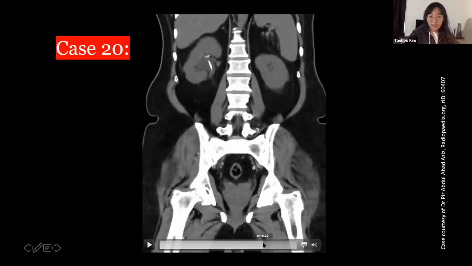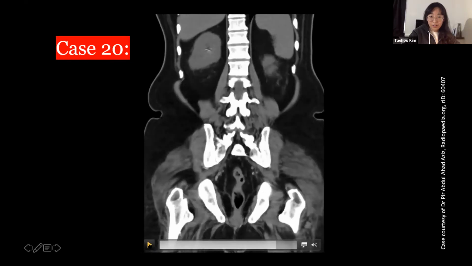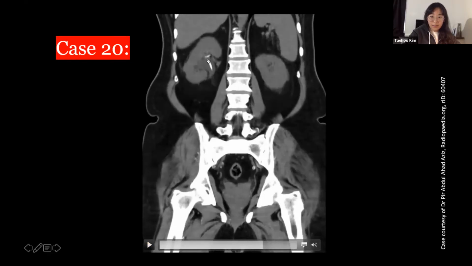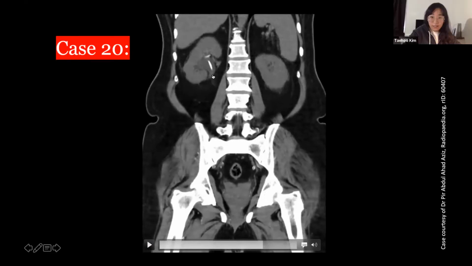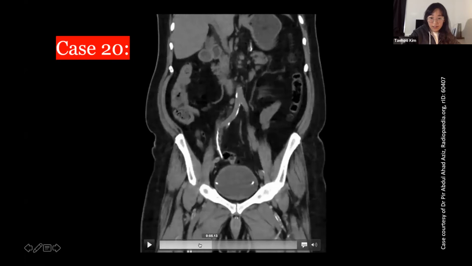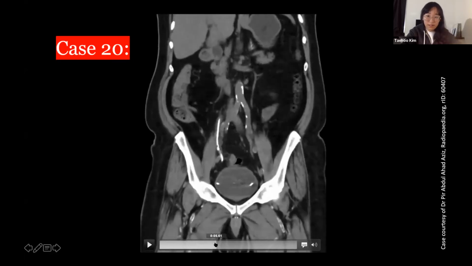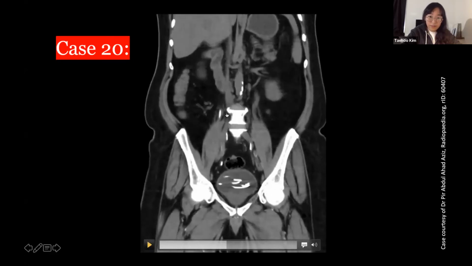You got it. So what it should normally look like is like in the right side. So you have the tip of the double J in the right calyx going down the ureter, and it should join the bladder and have another loop going like this. See, this is the tube, and it should go down like this.